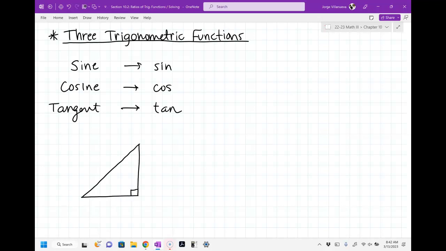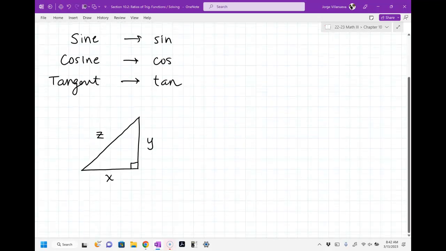We'll call the sides X, Y, and Z, and I'm going to call this angle theta. Theta is like a 0 with a little line across it. That's a Greek letter, and we usually use theta for angles.